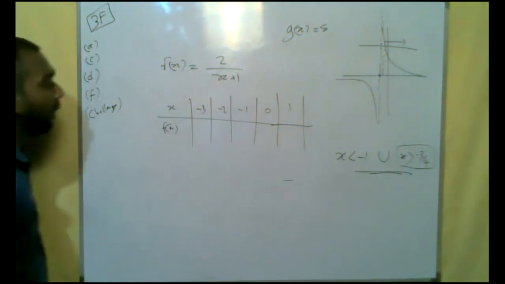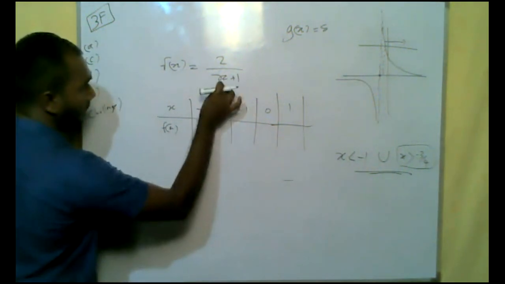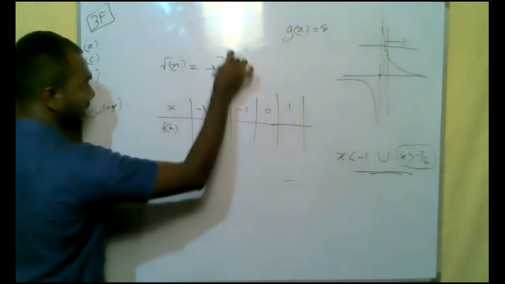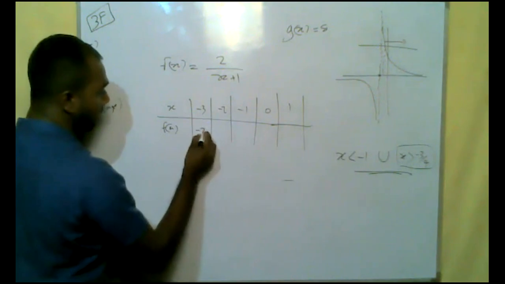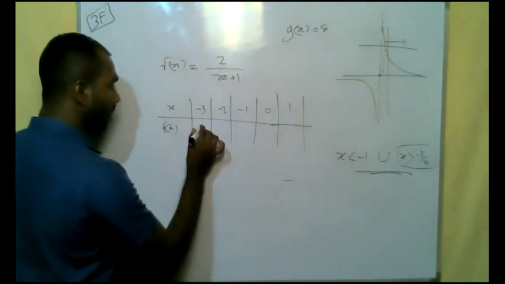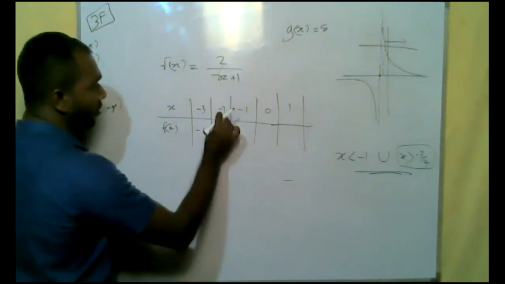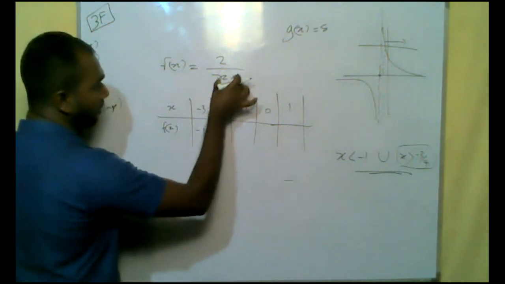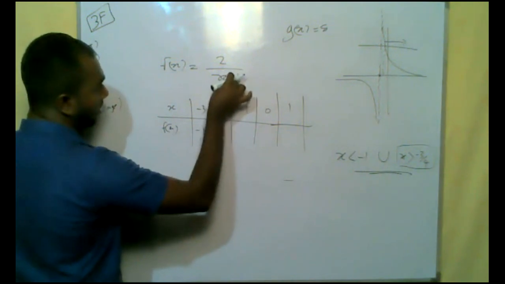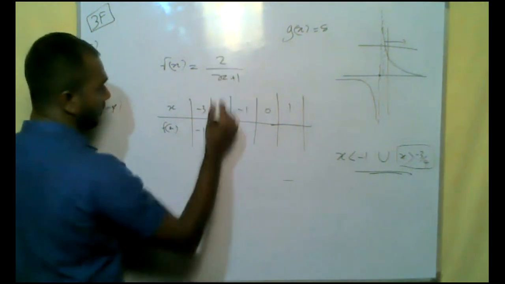What are the values? When x is -3, -3 plus 1 is -2, -2 divided by 2, it's going to be -1. When x is -2, it's going to be -1, so it is -2.